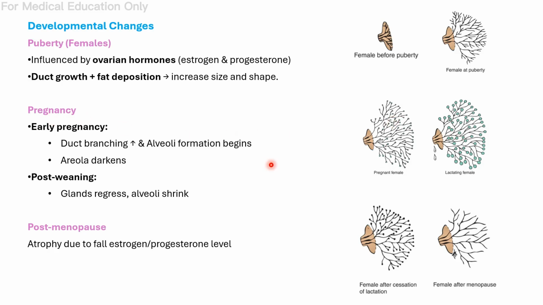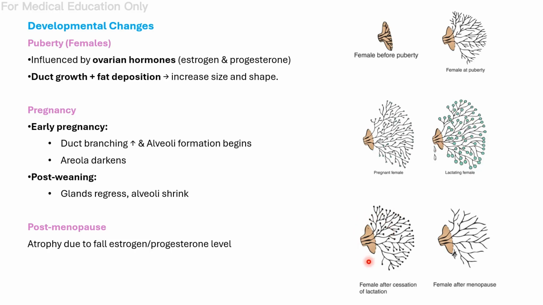In the pregnancy phase, you can see this is the early pregnancy phase. In this phase duct branching increases and alveolar formation begins, and the areola becomes darker. And also this is the lactating female breast, which starts lactating.